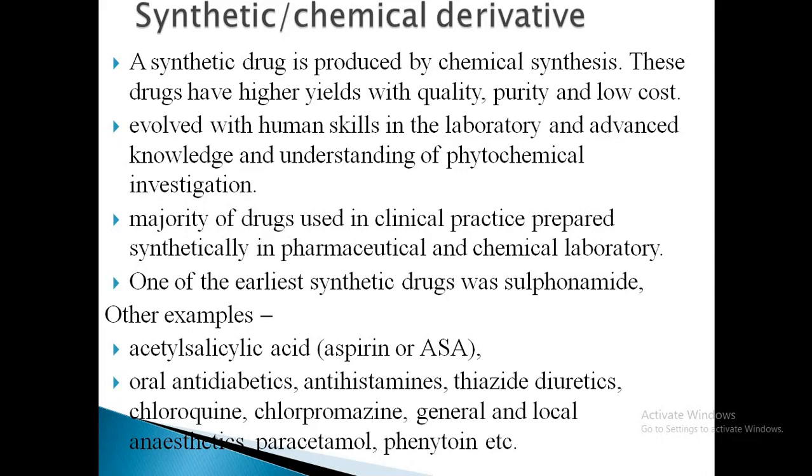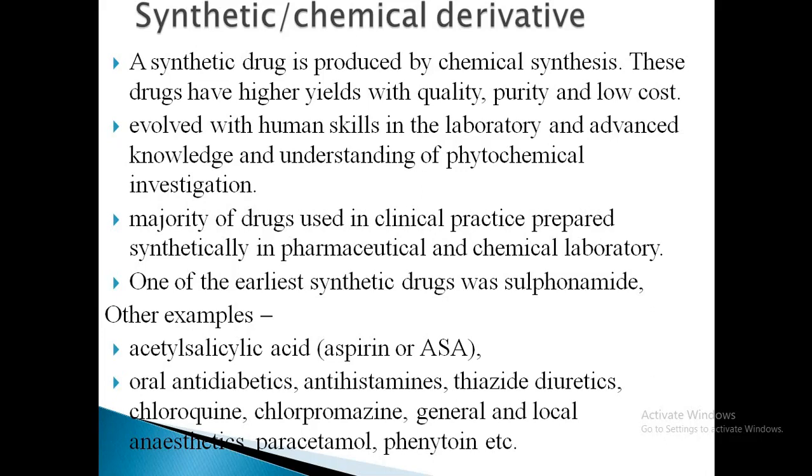And there are synthetic and chemical derivatives, drugs used to treat various diseases. A synthetic drug is produced by chemical synthesis, by chemical means. By following a proper laboratory procedure, we will be able to make the chemical derivatives, the drugs, in a synthetic form.